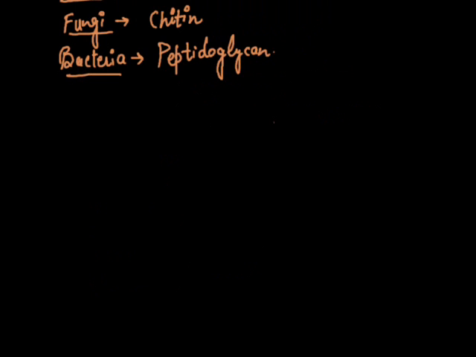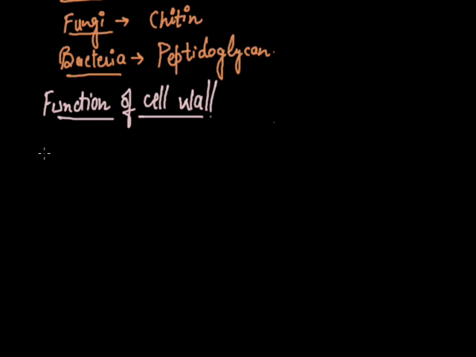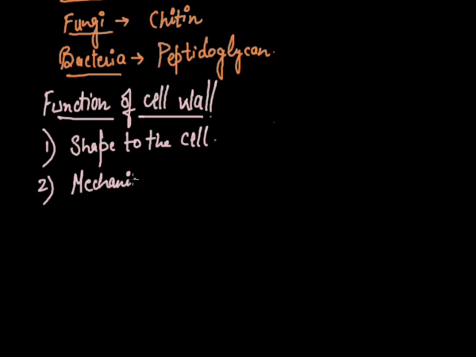Now we'll study the function of cell wall. First, it provides shape to the cell as it is a rigid, hard and thick wall. It provides mechanical protection to the cell from injury.